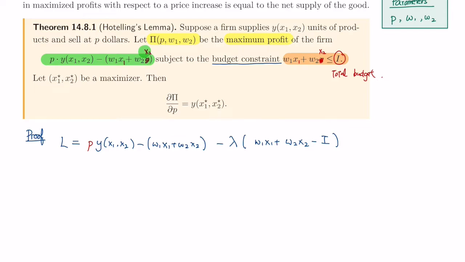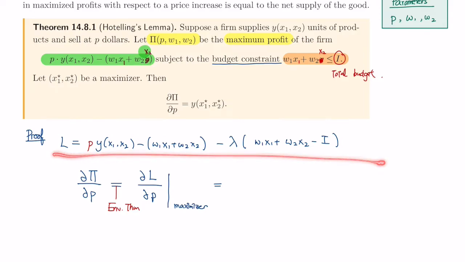Then we want to study the derivative of the maximum profit with respect to P. By the envelope theorem, this is the same as taking the partial derivative of the Lagrangian with respect to P and then evaluating at your maximizer. What is dL/dP? Look at the Lagrangian. Where do I have P? P is here.